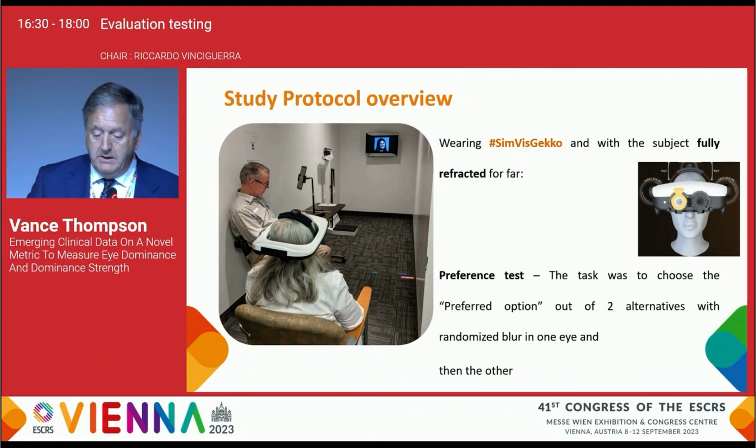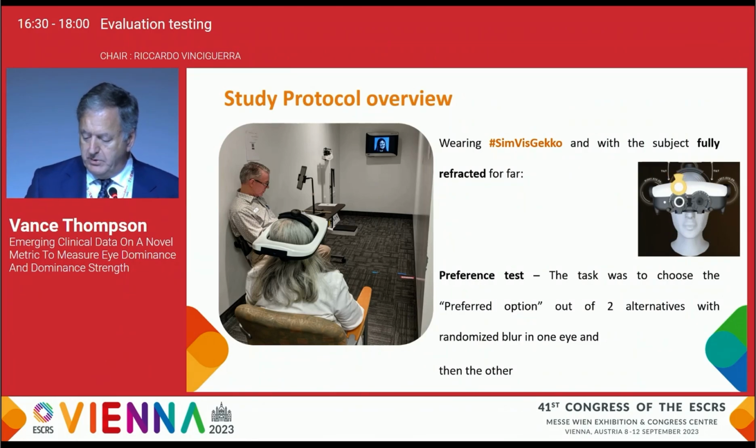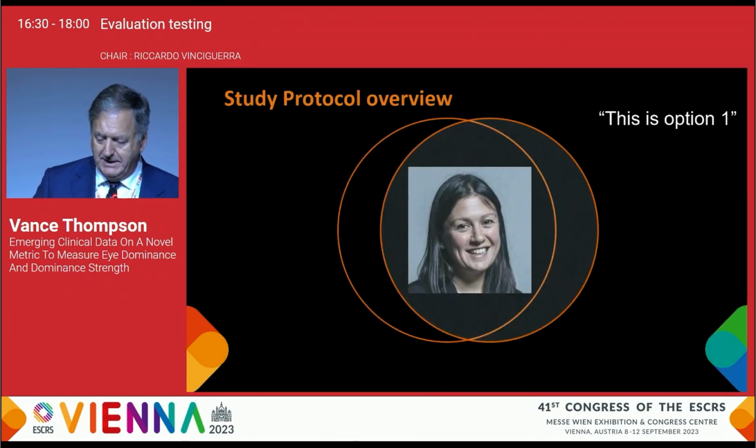The way we used the technology is we would make sure the patient was fully refracted in each eye, and then we would do preference testing. We would ask the patient, do you prefer one of 2 different options? And then they would give an answer. The beauty of it is the simplicity.